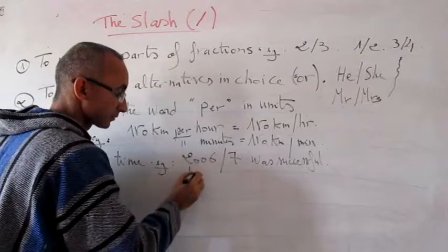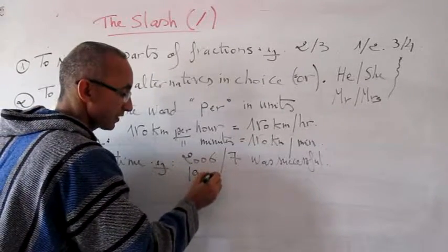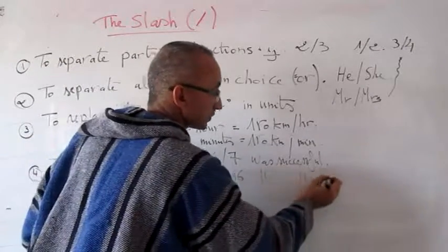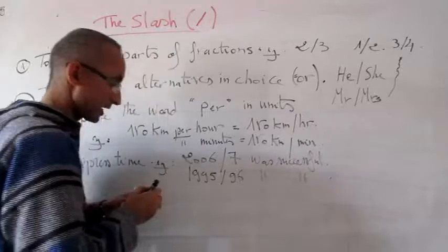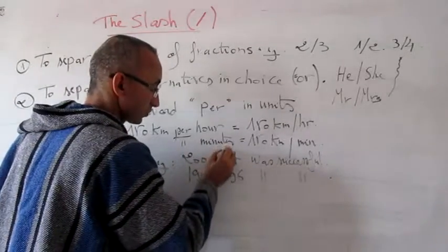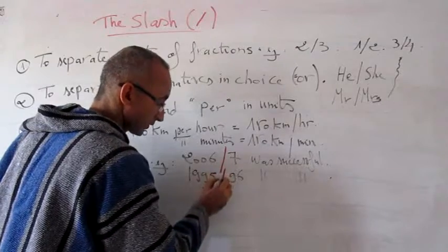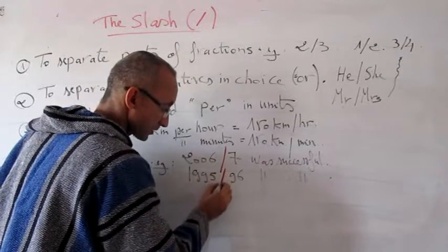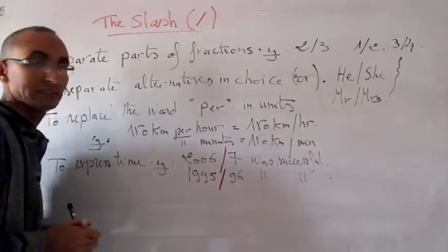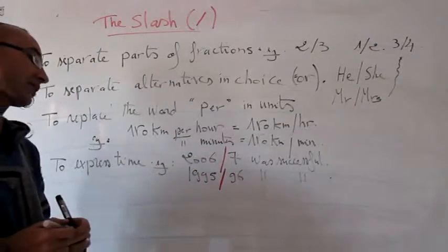Or 1995/1996 was successful. Here we put a slash between these two years to show that this slash represents a period of time from this year to that year.